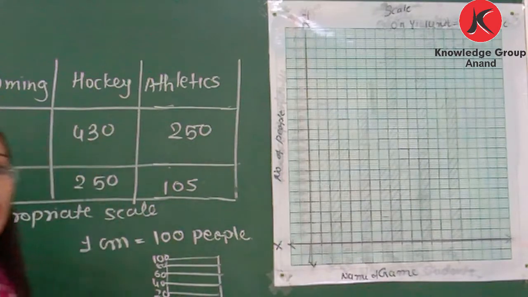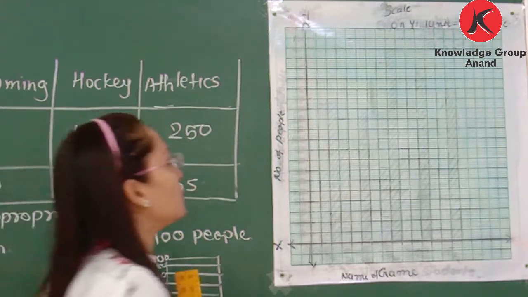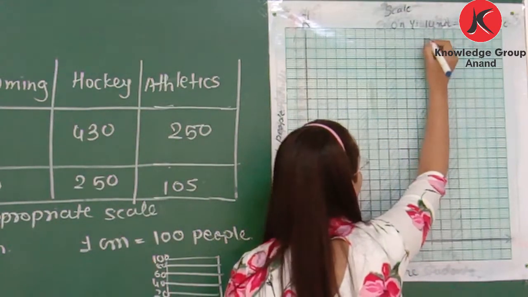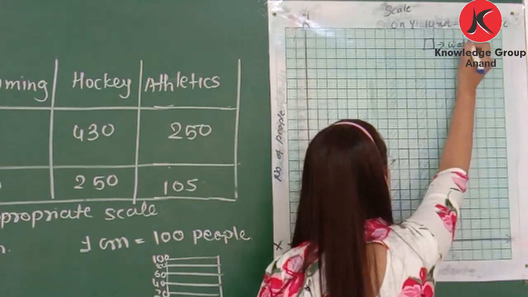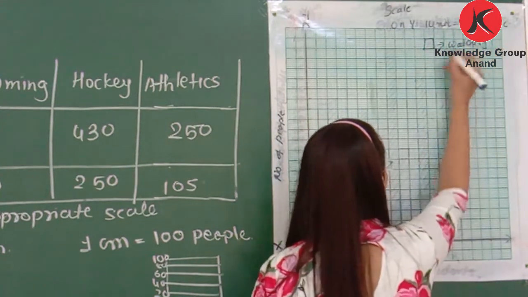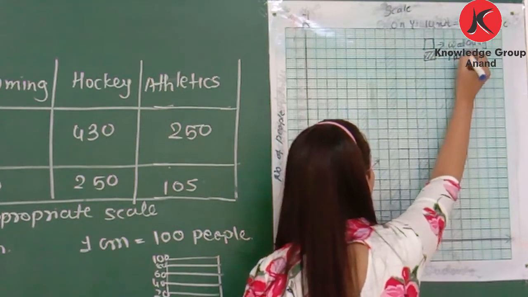Here we need to represent the number of people playing and the number watching, so we will take different bars. A simple bar represents watching and a bar with lines represents participating.